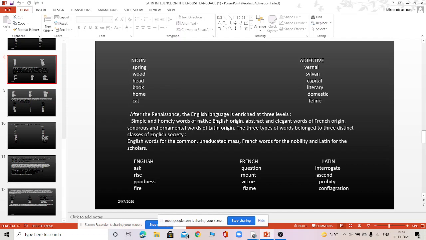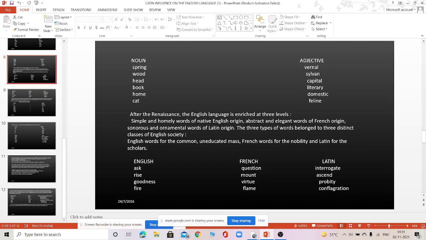So, English words for the common uneducated mass, French words for the nobility, and Latin for the scholars. So, who used the common homely words? The common people. They were mostly uneducated, mostly from the labor class, and could not understand these words of Latin origin. So, they used their own simple words.